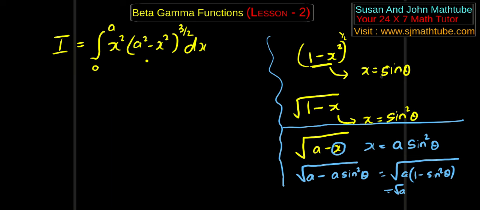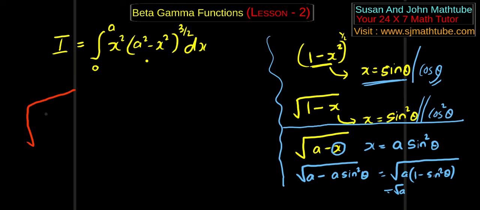And one more thing, if you have sin theta, then definitely the substitute cos theta will also work. So you can try the same thing with cos. And one important thing, because you might have learned this in plus 1 plus 2. Suppose you have 1 minus x and 1 plus x together. Suppose you have 1 minus x square and 1 plus x square together in a problem.